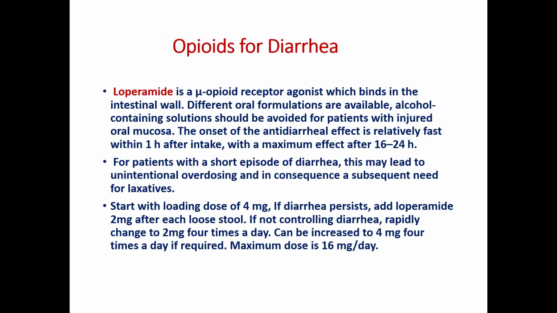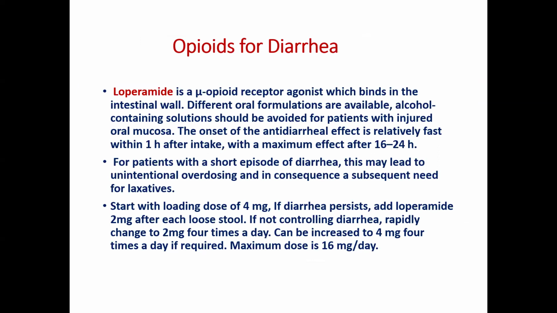For diarrhea, we have an opioid called loperamide. All right, that's the first choice. Loperamide is a great drug for diarrhea, and you should learn about it because you don't want to overdose the patient with loperamide.